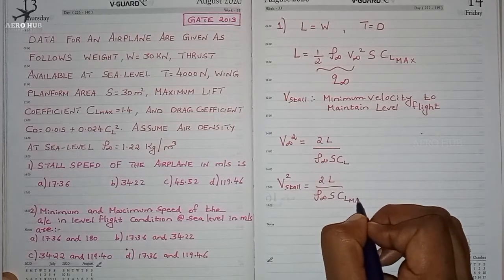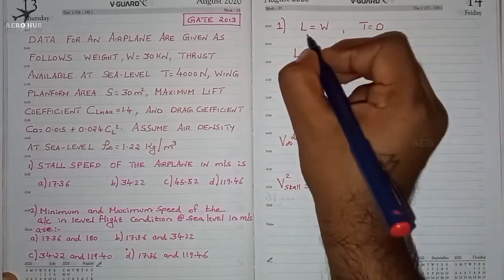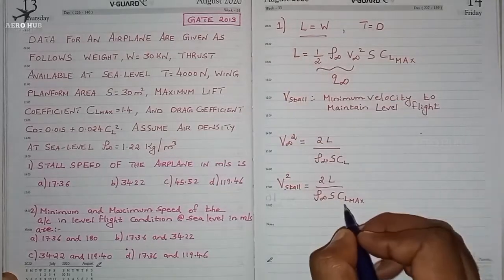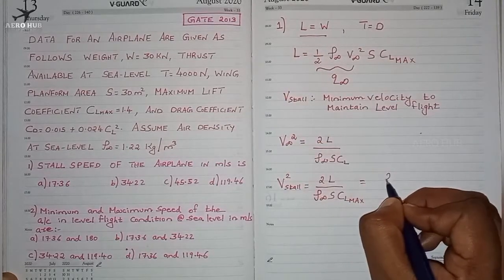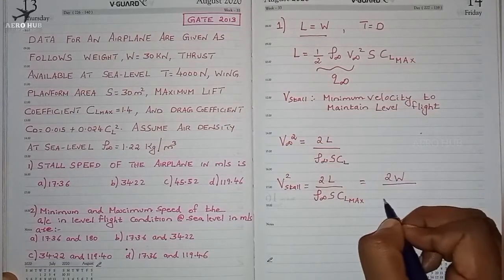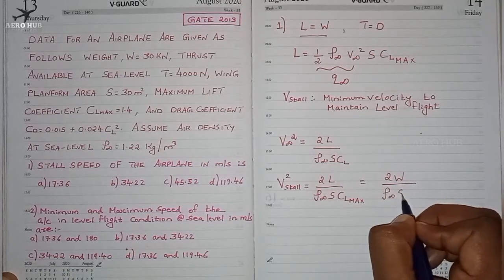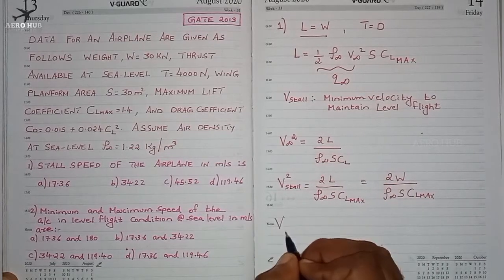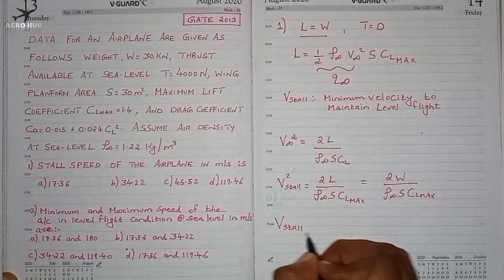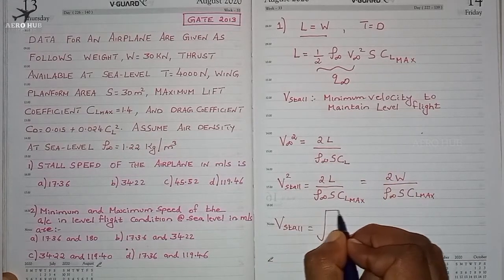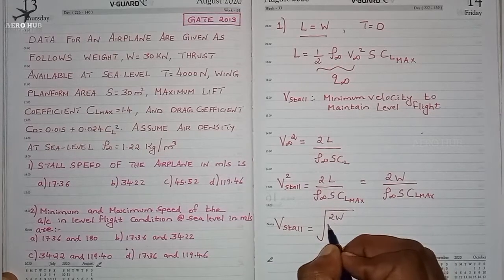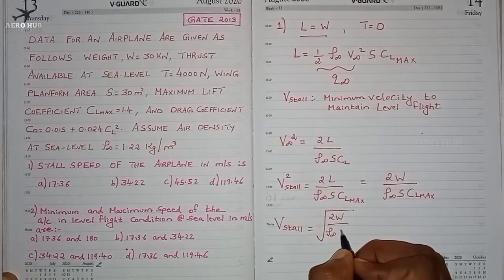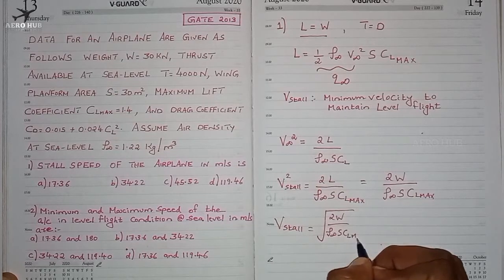S CL max, and we are aware that the lift is equal to weight, so the equation becomes 2 times weight divided by rho infinity S CL max. Therefore V stall will be equal to root of 2 times the weight by rho infinity S CL max.